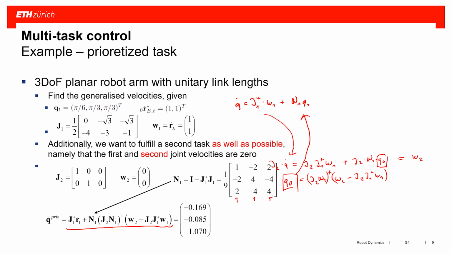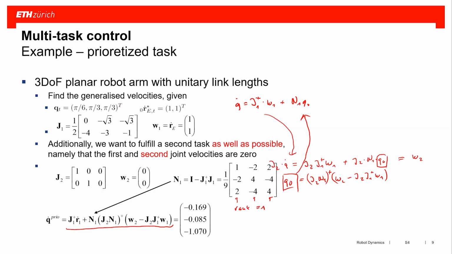So in other words, the rank of this null space projection matrix is only 1. So what does that intuitively mean? We have now a projection matrix which projects the solution into a one-dimensional direction.